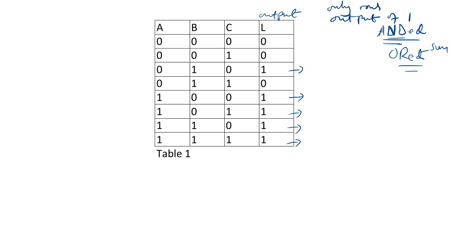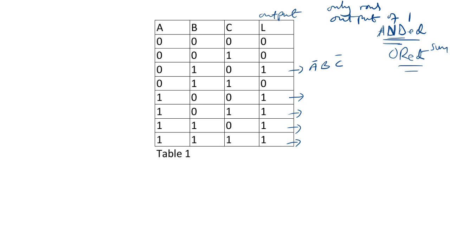So 0 represents not A. Here you only write for the inputs. So here the input A is having a bar, B is not having a bar. If we have 1, you don't write a bar. If we have 0, you have to indicate a bar. So in this case, we have not A, B, and not C.